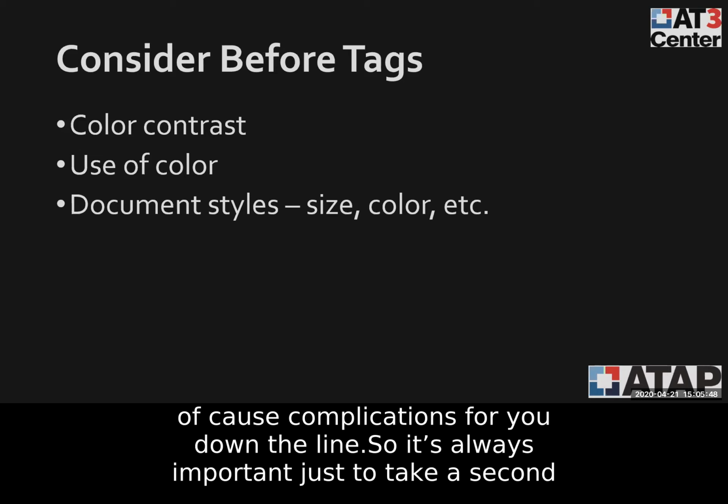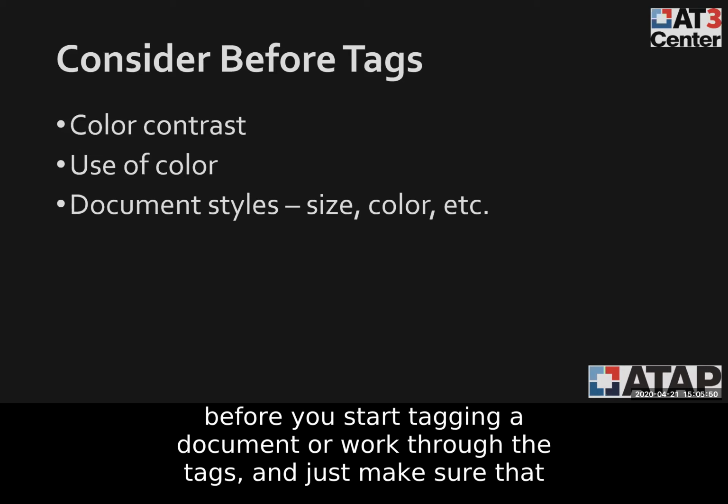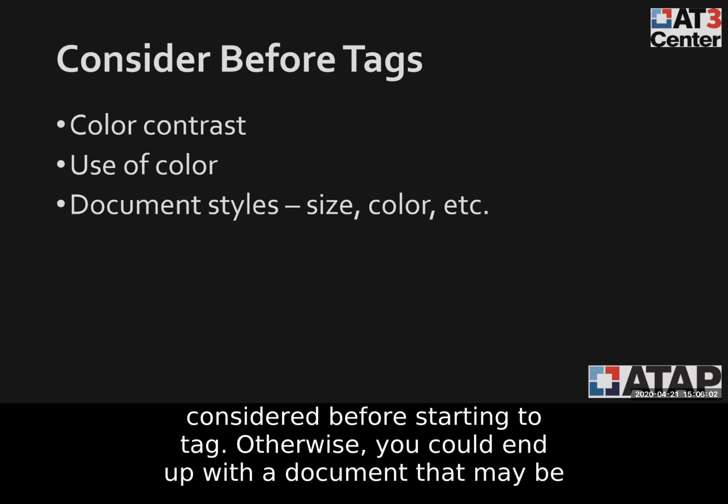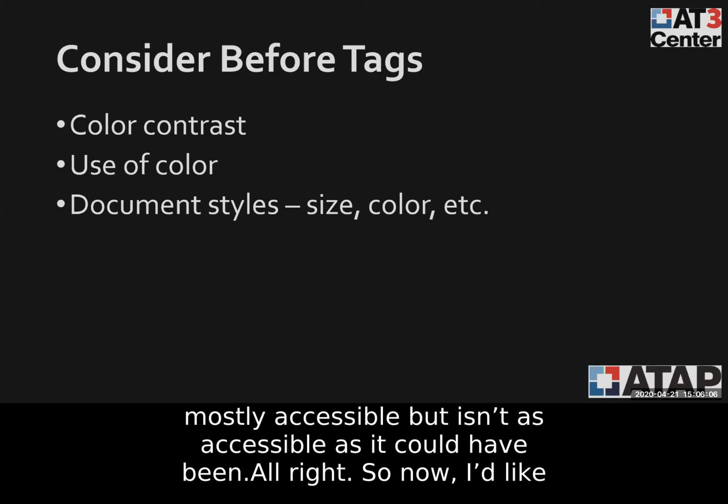So it's always important to take a second before you start tagging a document or working through the tags and make sure that anything you could address in a Microsoft Word document or any other source document is considered before starting to tag. Otherwise, you could end up with a document that may be mostly accessible, but isn't as accessible as it could have been.